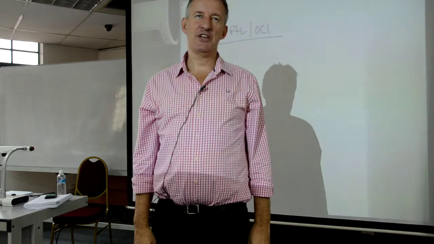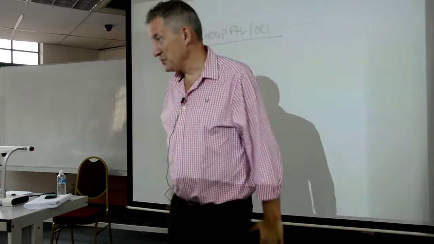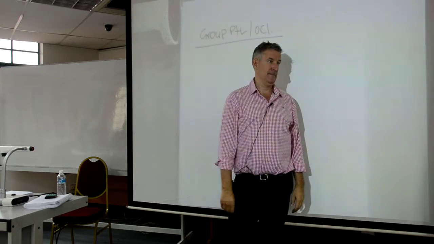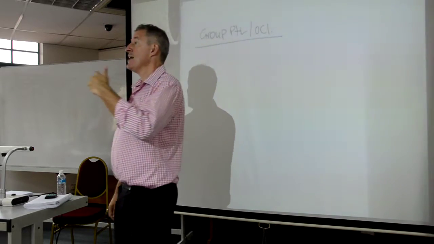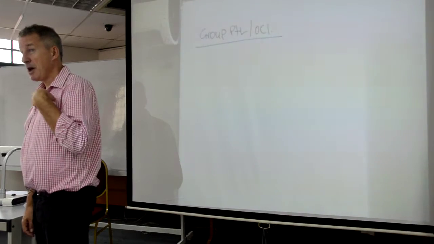We haven't got the same with P&Ls. I now want to talk to you about doing a group profit and loss account. In my heart of hearts, I now think this is revision. You don't think it's revision, but I'm thinking it's revision.